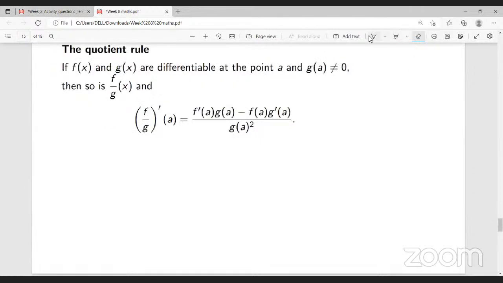Now the same about the quotient rule, right? I'll take the same example, say sin x upon x square, right? Now if I want to differentiate this function, what will I do?